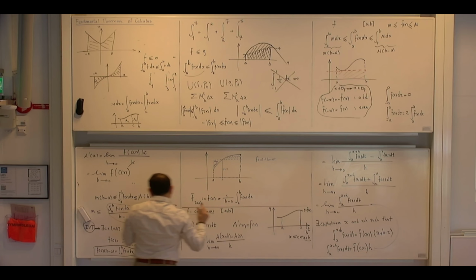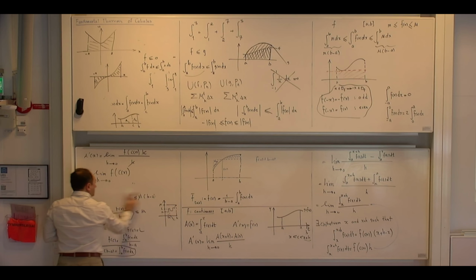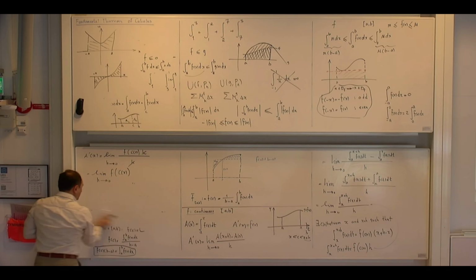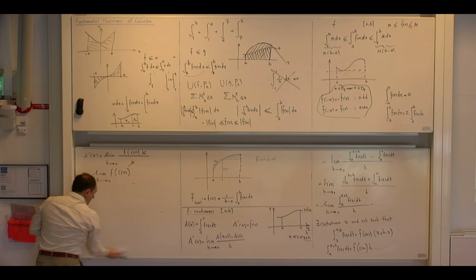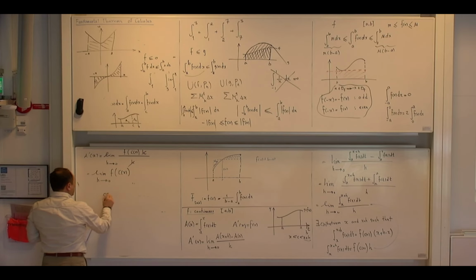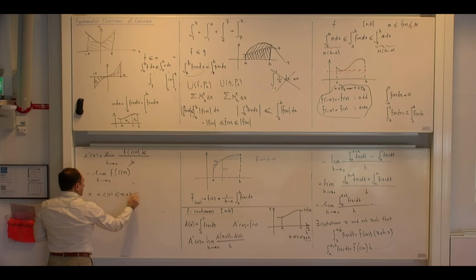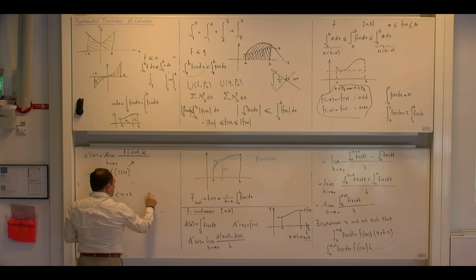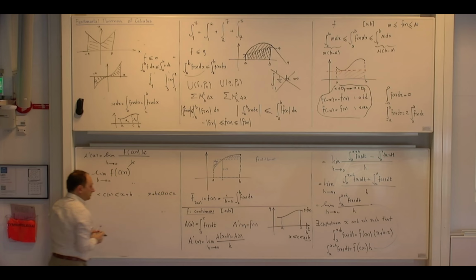But for concreteness of discussion, let us consider that h is positive here. If h is positive, then c of x is between x and x plus h. If h is negative, I have to write it the other way around. It doesn't change anything. Yes?